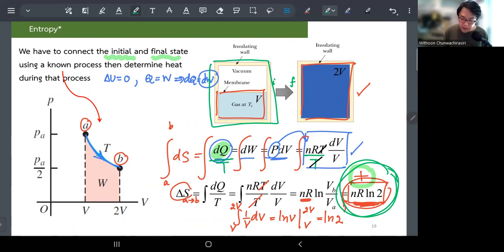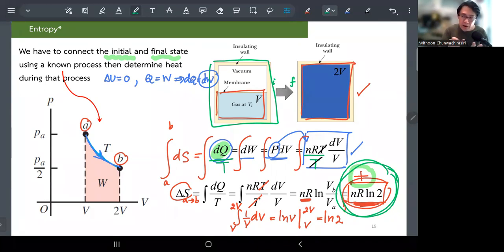Cool. All right. So in the exam, don't worry. I'm not going to give you any crazier question than this one. You can consider this to be the most difficult question in the entropy problems.